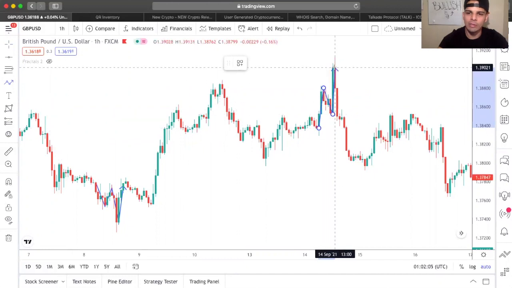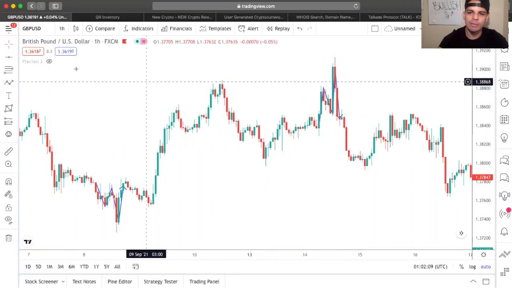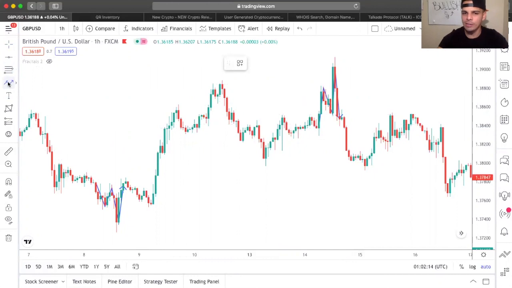I'm going to draw some here so you can start to see what I see. They're constantly coming and developing and creating M's and W's. Even this one right here is a small little M, right?